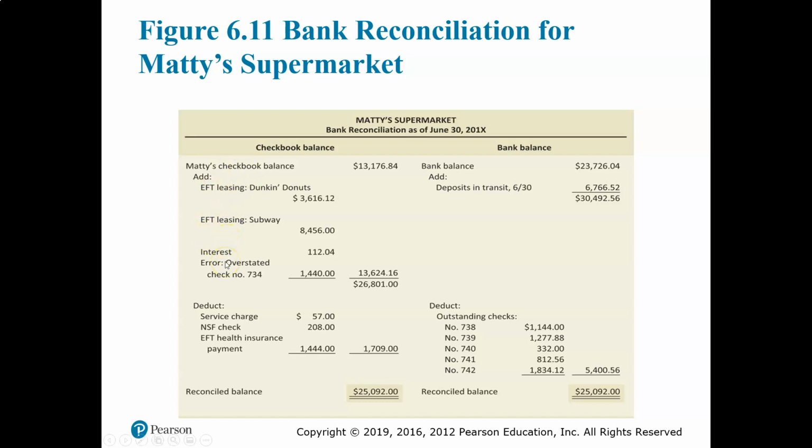We had some interest, so it would be just debit interest expense, credit cash. We had an error, so we'd have to make a journal entry for that error. We had a service charge, NSF check, and another EFT for our health insurance payment. So our reconciled balance is $25,092, which has to balance to our reconciled bank balance, okay?